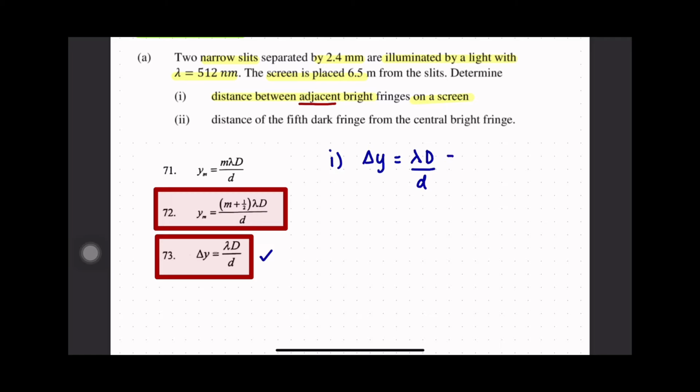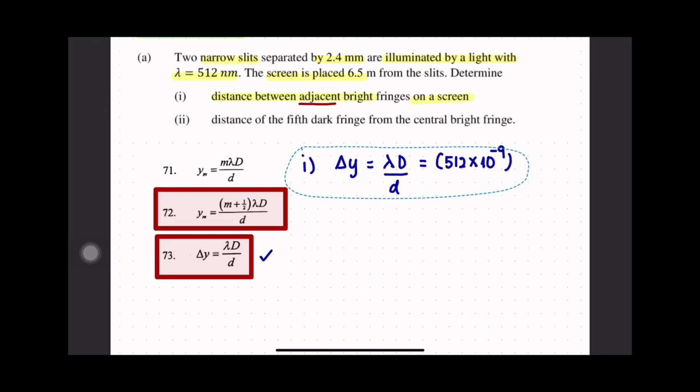Lambda is 512 times 10 to the power of negative 9, times with D. D besar ni adalah distance from the slit to the screen, so dia adalah 6.5 meter, and then you divide with slits separation 2.4 times 10 to the power of negative 3.